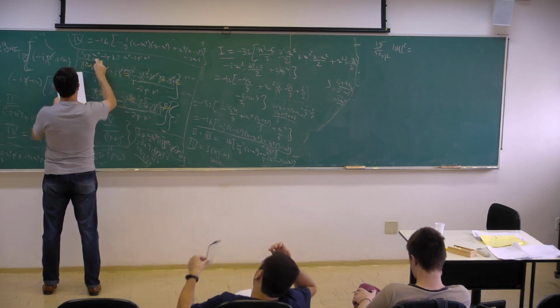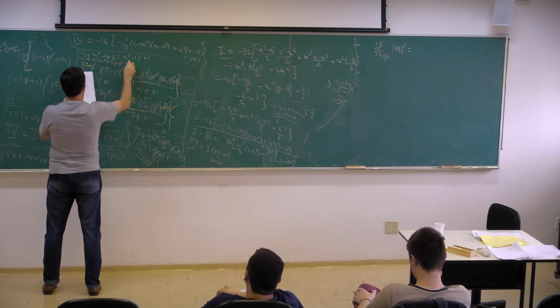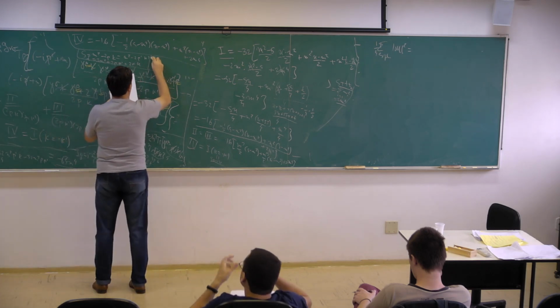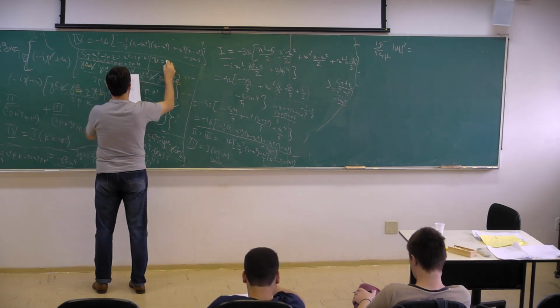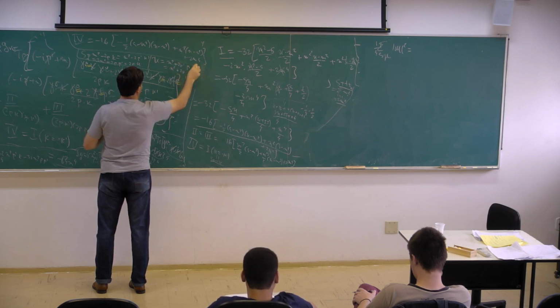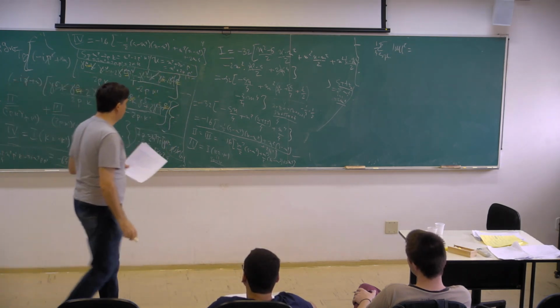T is equal to m squared plus 2pp prime and equal to 2kk prime. And u is equal to m squared plus 2k prime p equal to m squared plus 2k p prime. All right.